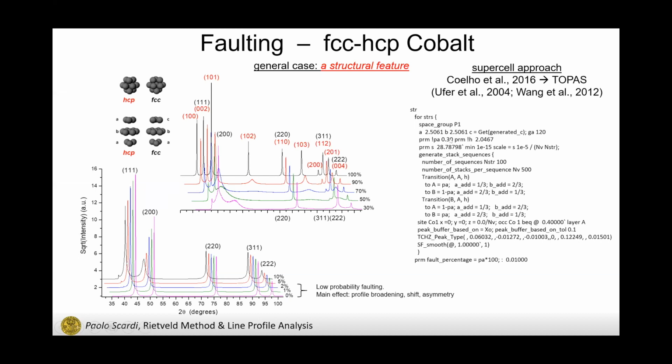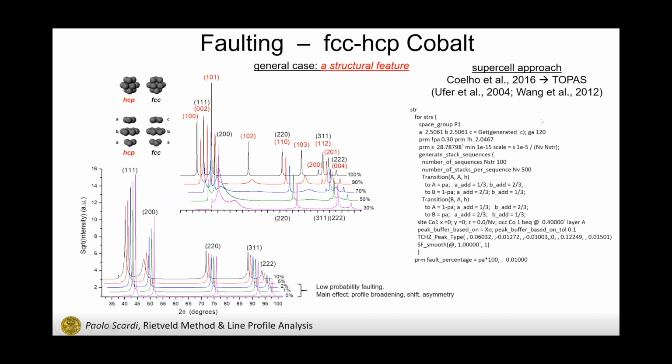Now, in this case, this 0.3 is a fixed probability of 30%. You might refine it instead of keeping it fixed. So, in addition to working very well and being extremely flexible, the advantage of this Topas feature is that you can use everything else: the FPA, the fundamental parameters approach model, for the instrumental component, and if you like, the WPPM macros, for example, for the size and shape of the crystals.